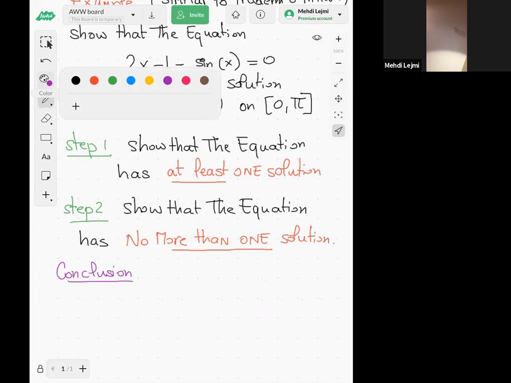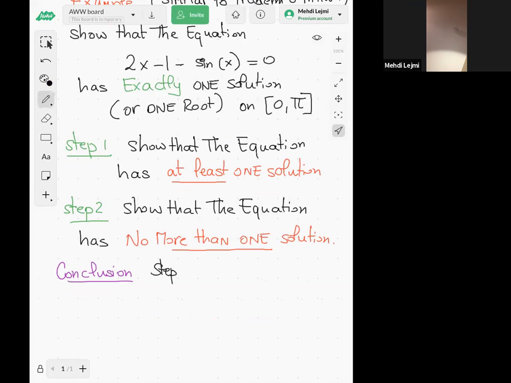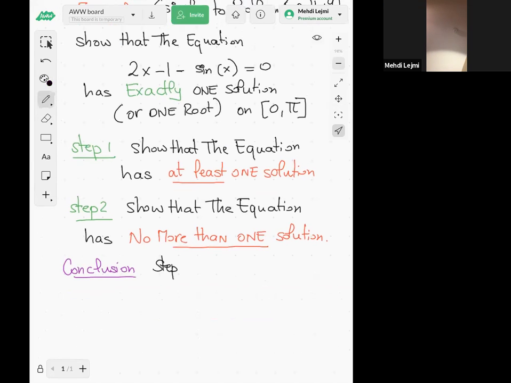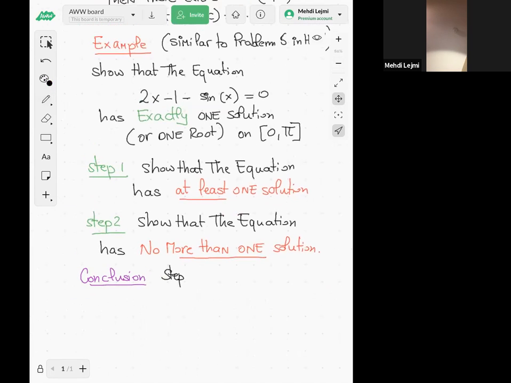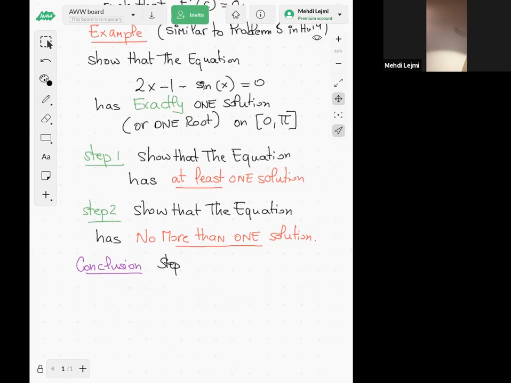So from step 1, I'm going to zoom out, it's probably better. So if you combine the step one and the step two, then you can conclude.